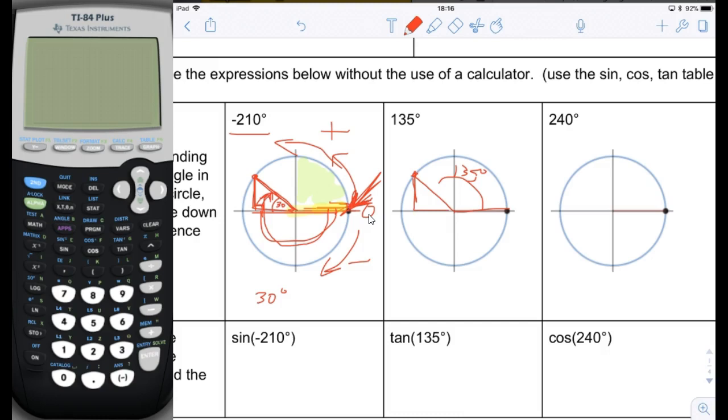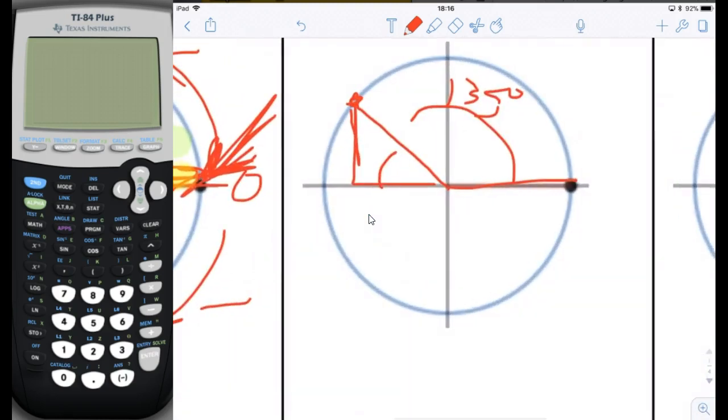The reference angle for the 135 degree angle is this angle here. What angle is it? Well, let's see. 135 degrees takes me to this red dot, and I am lacking some degrees until I get to the 180 degree mark. I can figure out how much is missing by doing 180 minus 135.